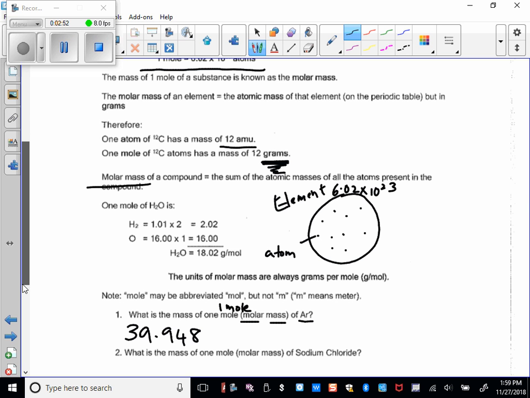We will always practice the norm of taking how many numbers past the decimal? 2. So what is the molar mass of argon? 39.95 grams per mole. Per mole means for 1 mole of atoms of that element. Are we good? Yeah.